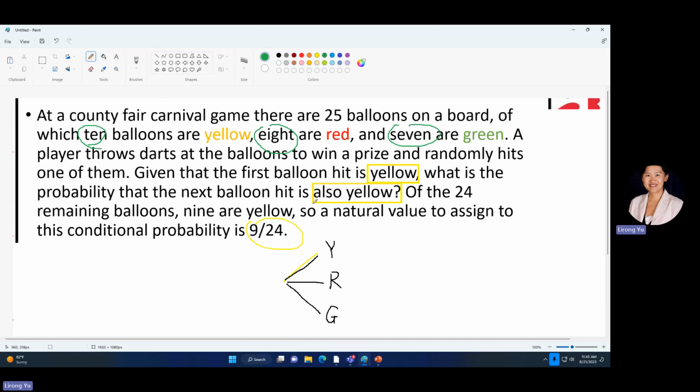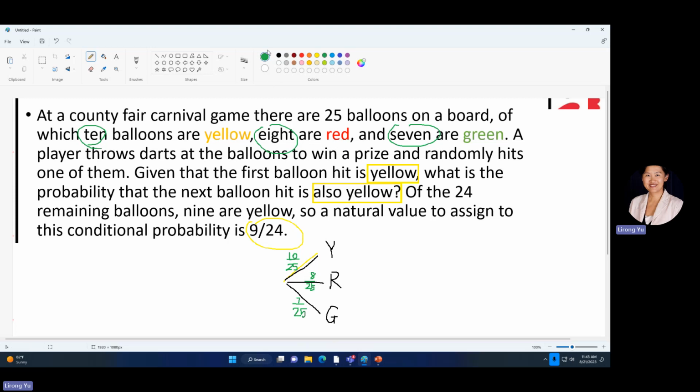So the total is 25. For the yellow, you get 10. The total is 25, so probability for yellow is 10/25. Probability for red is 8/25. I'm drawing probability on the line for the tree diagram. Probability for green will be 7/25.